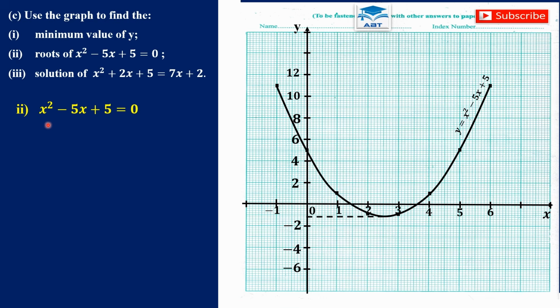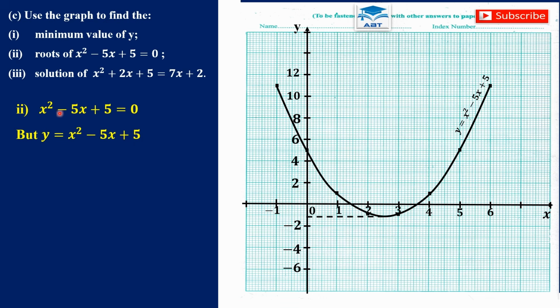We want the roots of x squared minus 5x plus 5 is equal to 0. And the relation we plotted is x squared minus 5x plus 5. So y is equal to x squared minus 5x plus 5 is the relation we plotted.